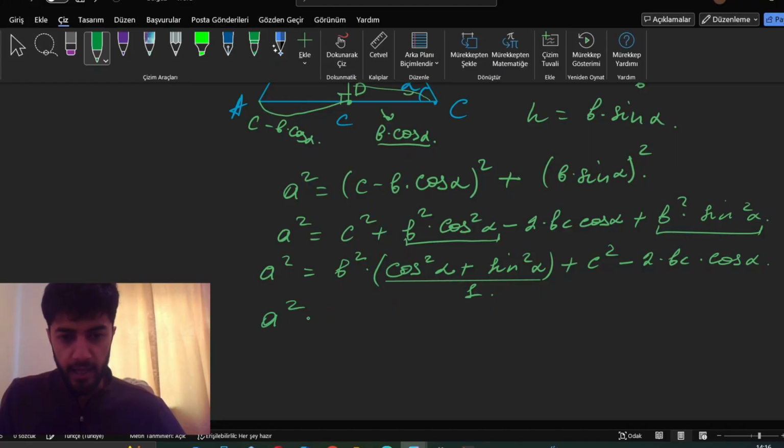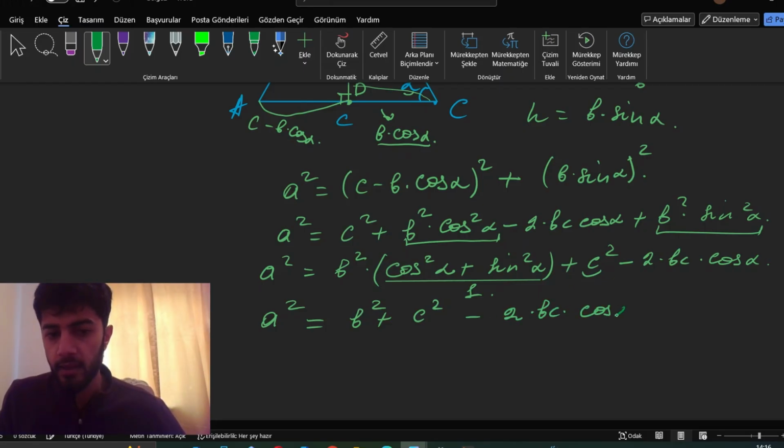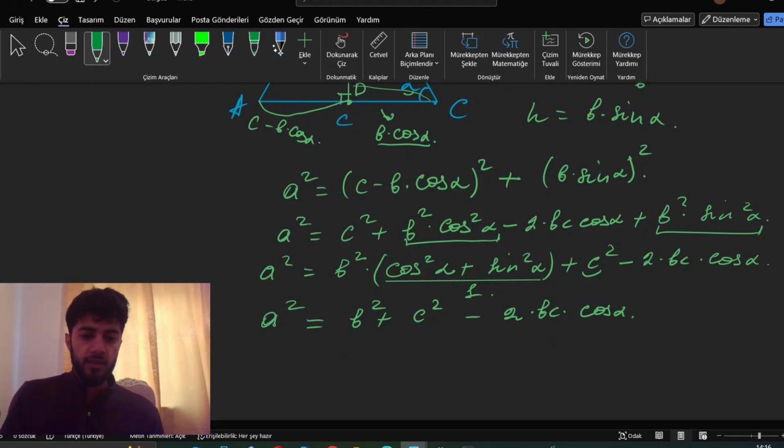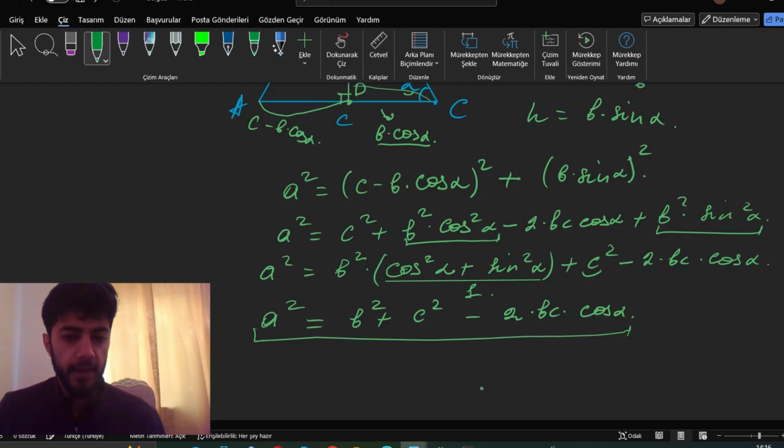So A squared is equal to B squared plus C squared minus 2 times BC times cosine alpha. That's our final formula, called the cosine theorem. Yeah, one of the popular theorems in math.